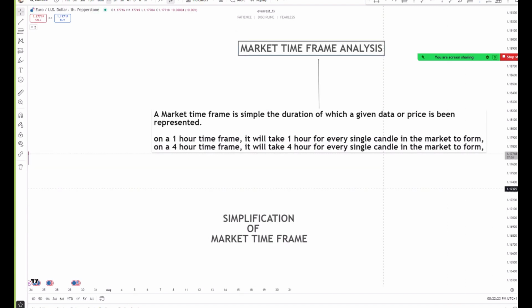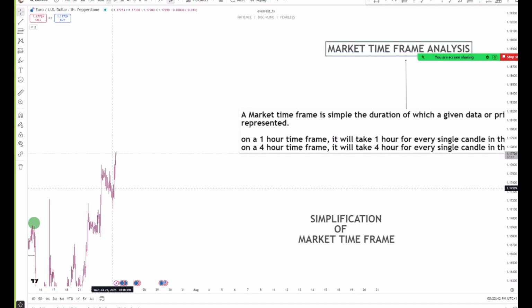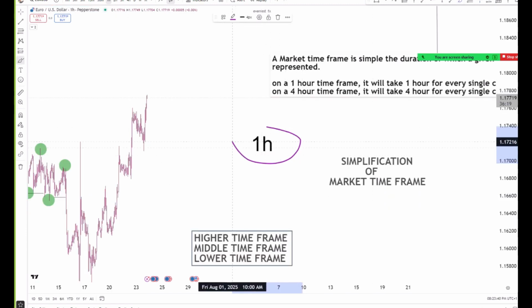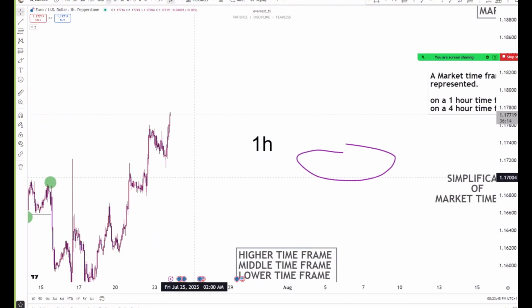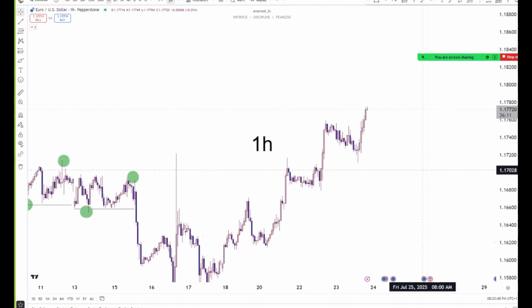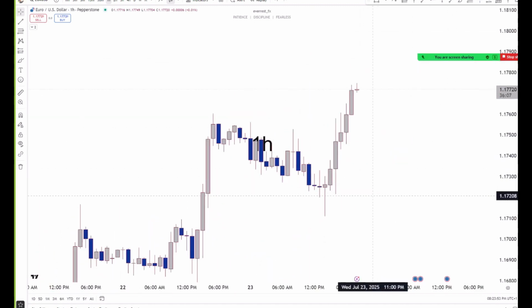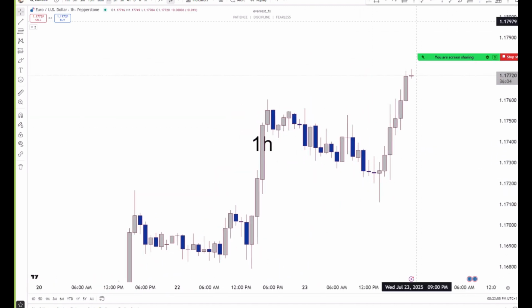Every candle you see in the forex market actually represents a certain amount of price or a certain time duration. Currently I'm on a 1 hour time frame here. You can see this 1 hour here. It means that every candle you see here takes 1 hour to form.